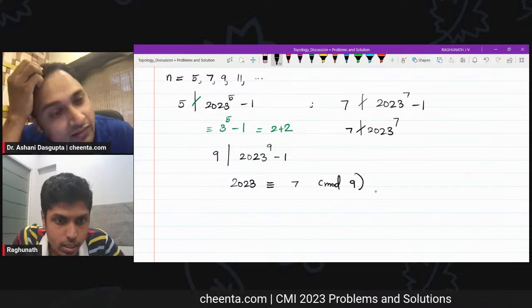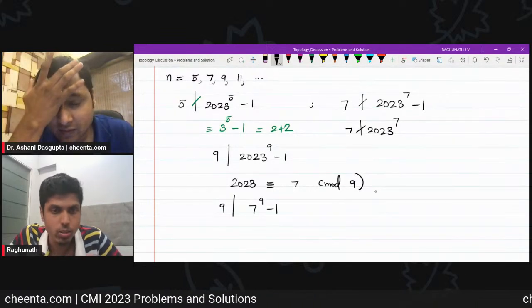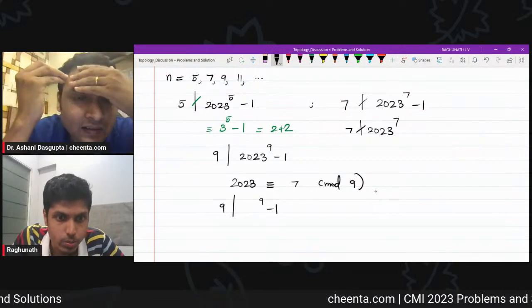And 9 should then divide 7 power 9 minus 1, because they are congruent. 7 can be rewritten as minus 2.